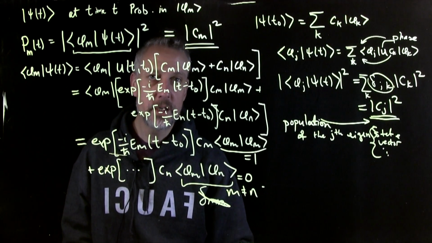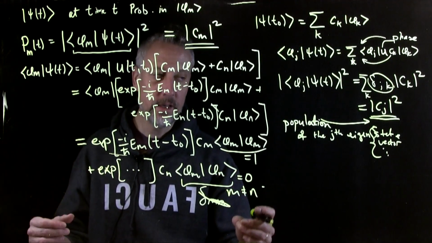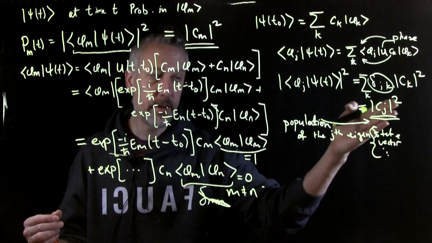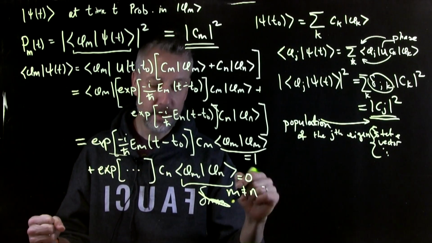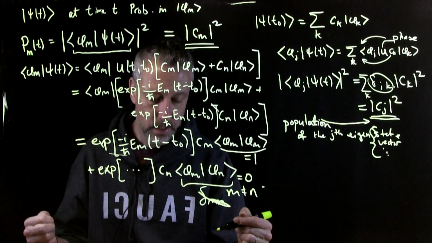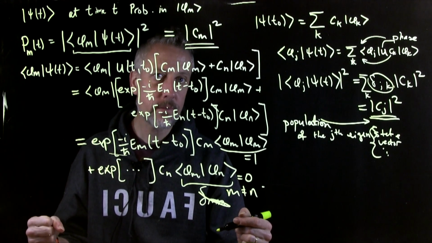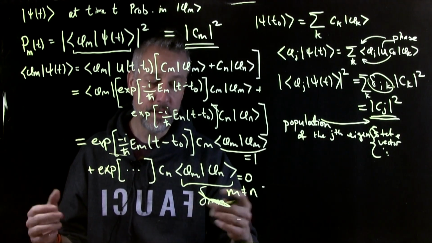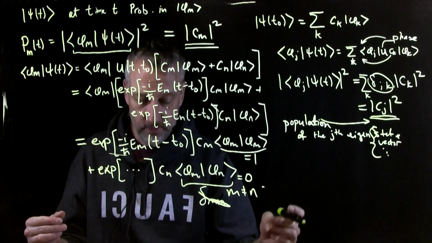So population and, let's say, probability are the same in this context. In the next thing that we do, which will be to introduce the density operator, we will distinguish between things that we call populations and things that we call coherences.